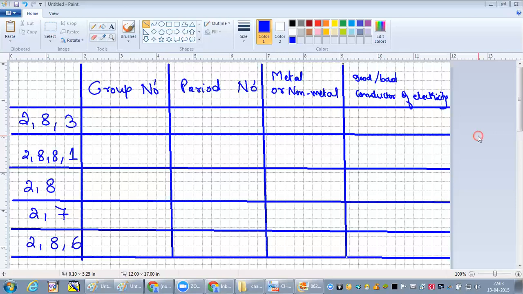Okay, let's begin with this table now. In order to identify the group number, we just have to look at the number of electrons that are present in the outermost shell.